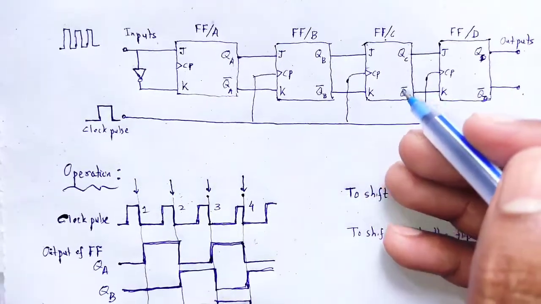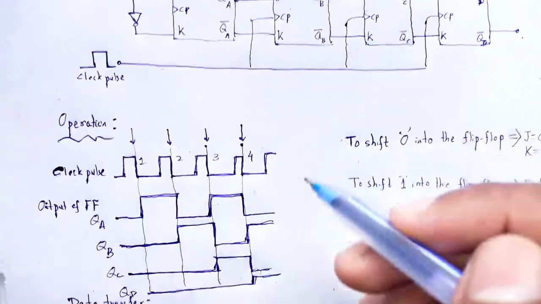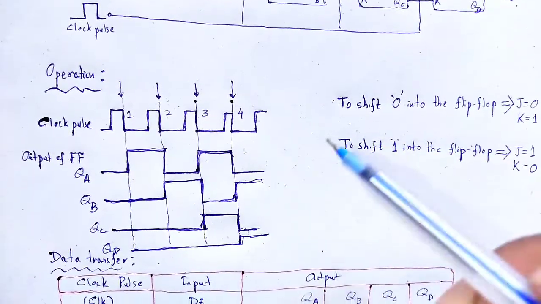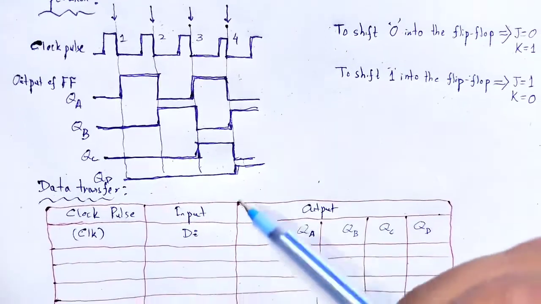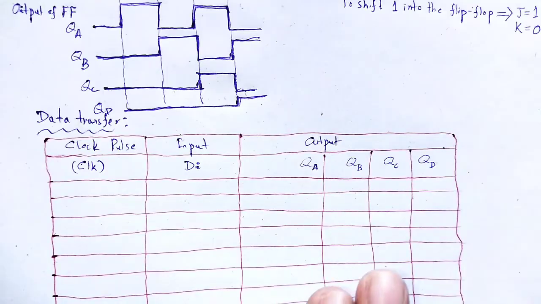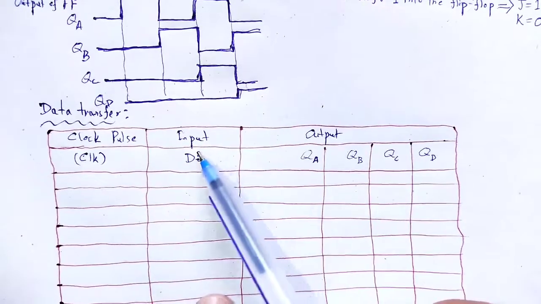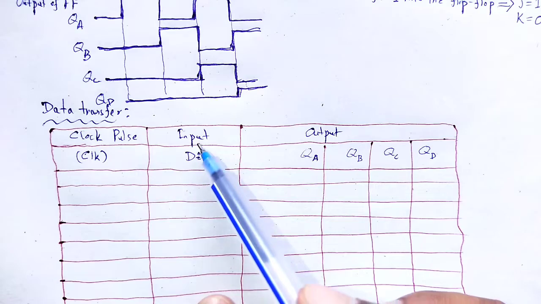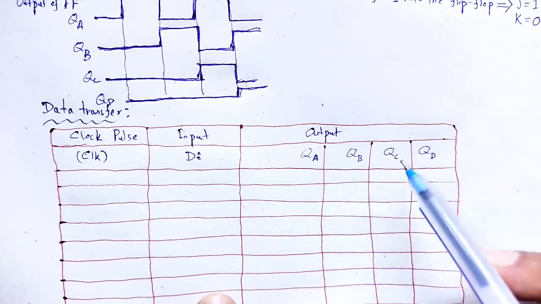Due to the application of the clock pulse, the output we obtain can be easily understood by taking the data transfer table. Clock pulse applied, input DI, output QA QB QC QD.